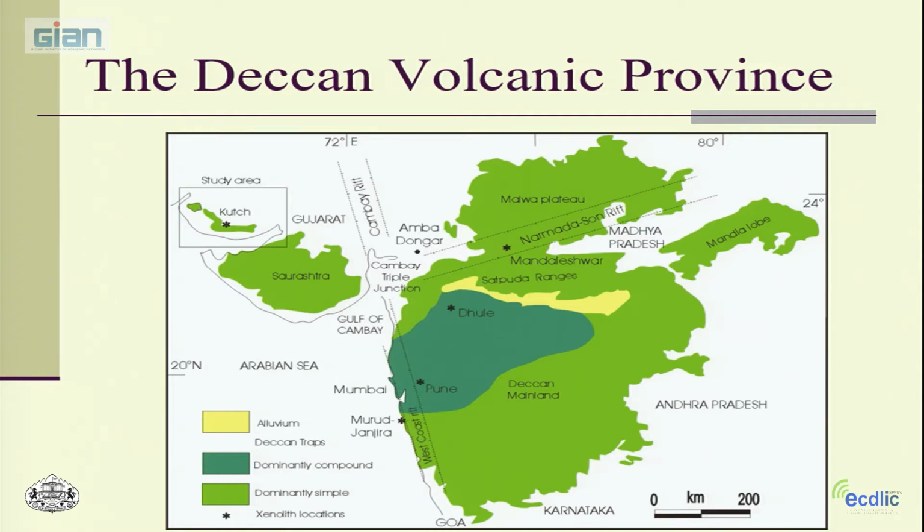Like in the East African system that we speak of, the Afar plume and the other arms, wherein two of them are failed arms and one is active. That is a characteristic feature of a triple junction, and perhaps that is what people envisage, that the Cambay represents a triple junction where these three linear features meet at a common point.